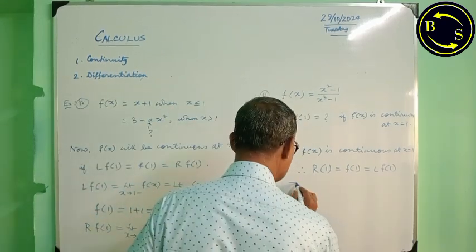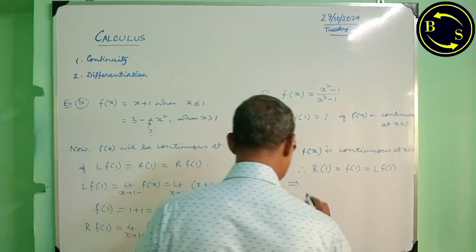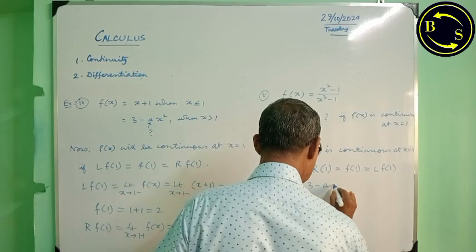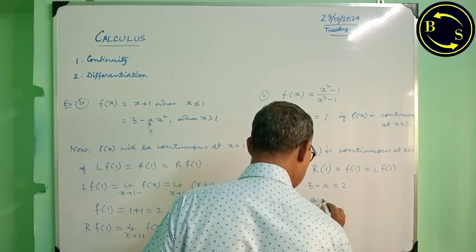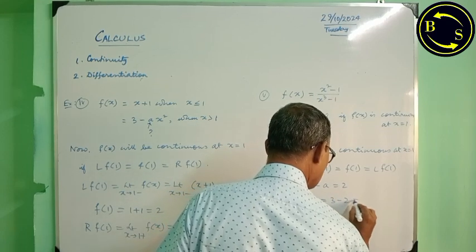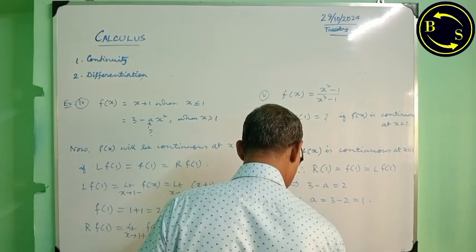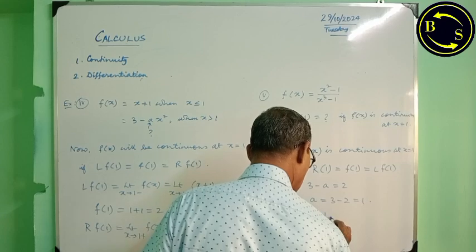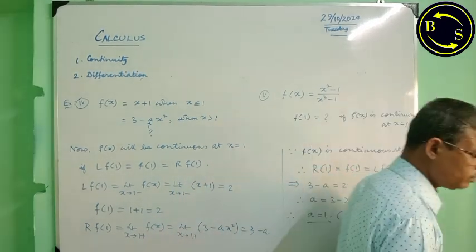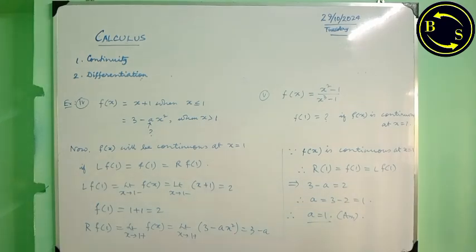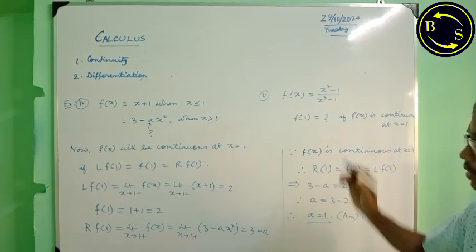For finishing, we are mentioning here 3 minus a will be equal to 2. From that, therefore a is equal to 1. That is the answer. Here I have discussed one more sum. Next I move to sum number 5.